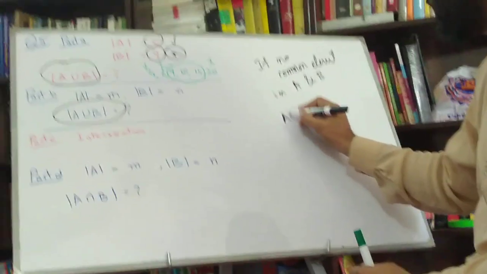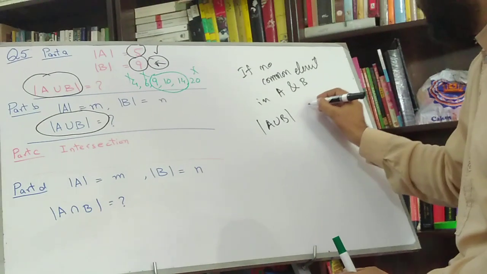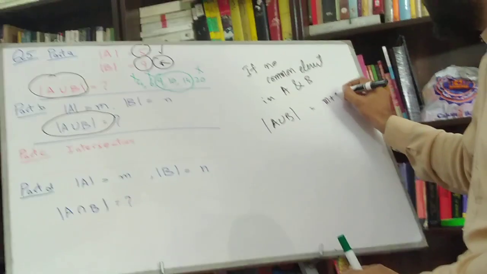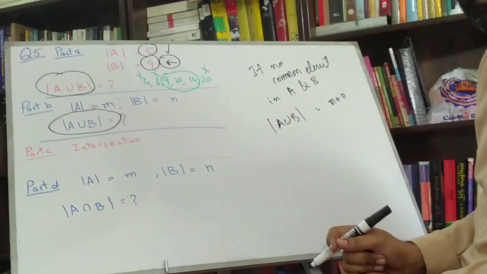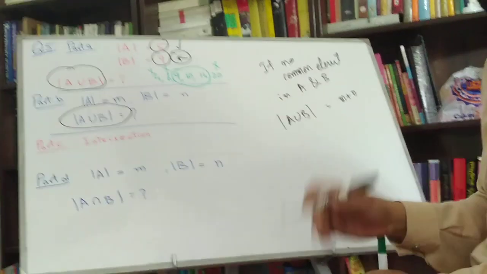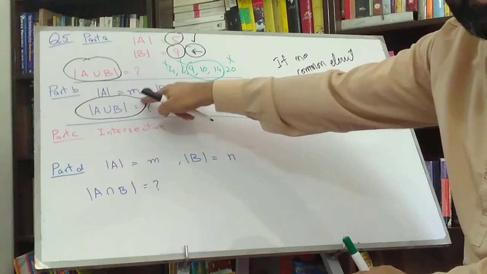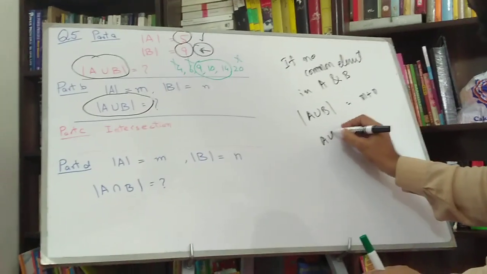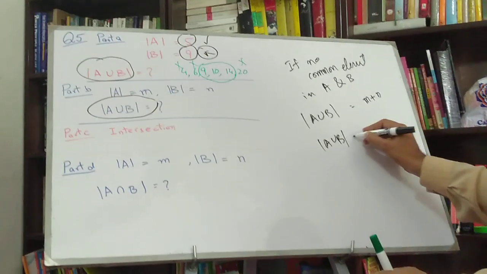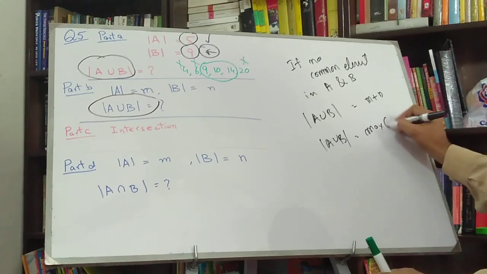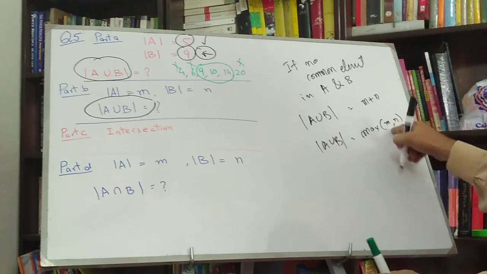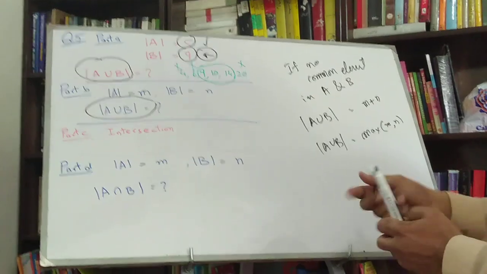So the A union B set will be at maximum M plus N. On the minimum side, the least possible size is whichever is the maximum of M and N.